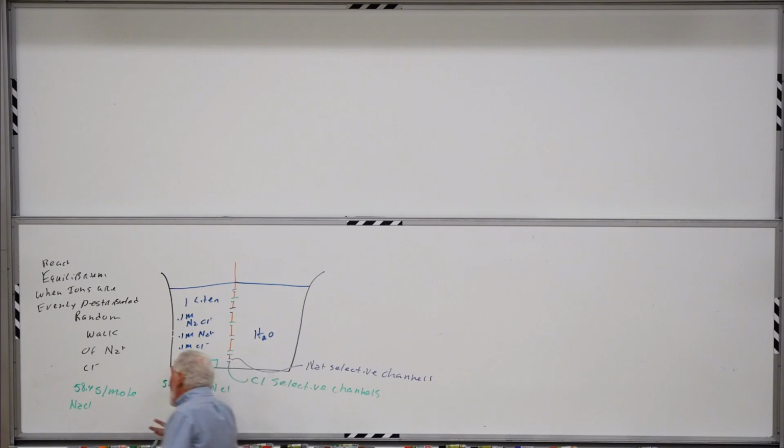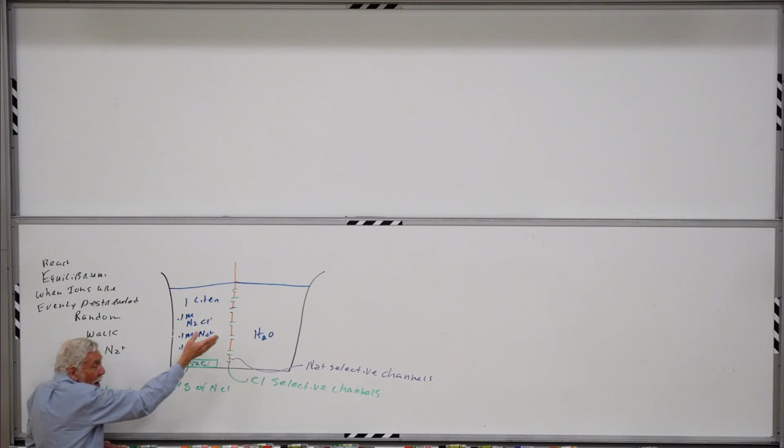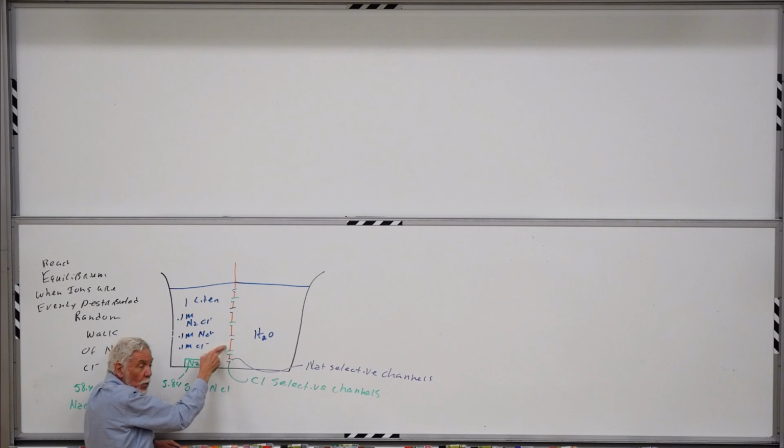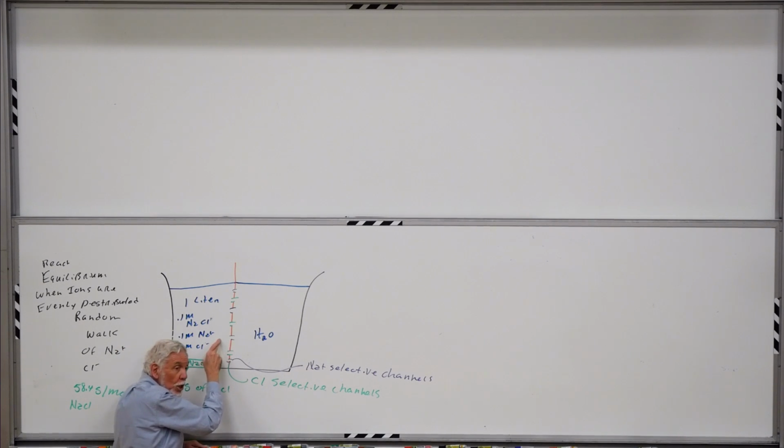Now, if we think about the ions as being ping pong balls, imagine the ping pong balls bouncing around in here. And now and again, they bounce against the wall. Most of the time when the ping pong ball strikes the wall, it bounces back. But now and again, one of the sodium ping pong balls will strike the wall in just the right orientation so that it hits one of these openings.